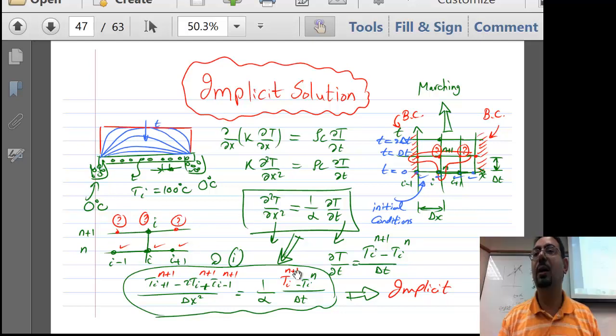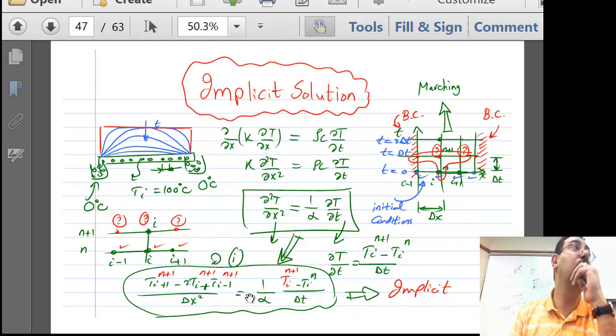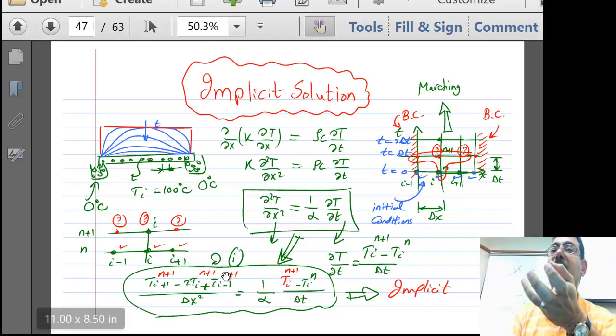How is that helping me? So it's one equation, 3 unknowns. How are we going to get out of this? The job was to get the T of i in the future. So how are we going to get out of this mess for a free homework problem?